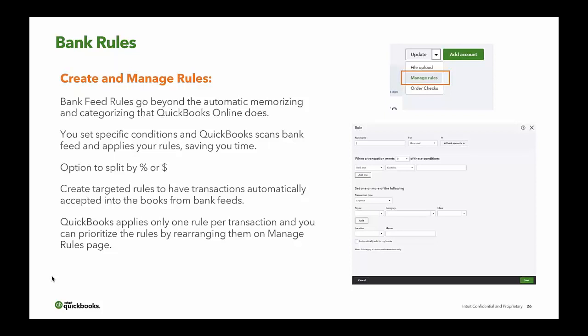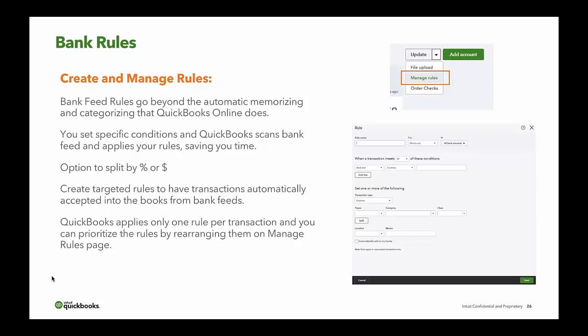It's really allowing you to set some conditions and set not just the category, but also the payee, class, location, even what's in the memo field, even split by dollar amount or percentage. And you can set rules up to actually automatically add transactions to the books, further automating this whole process. And I always say, use that with caution.